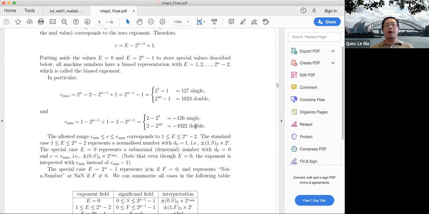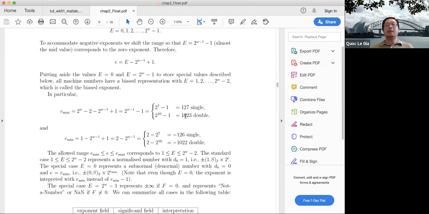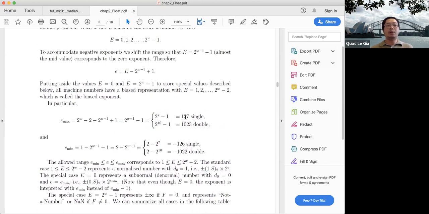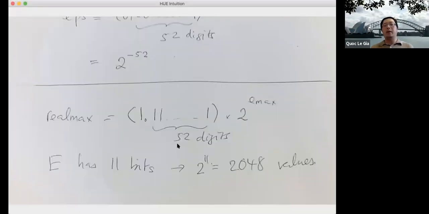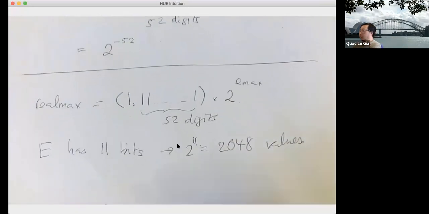So in the end, E max is just 1023 for double precision. Now I go back to my formula and put in E max as 1023.